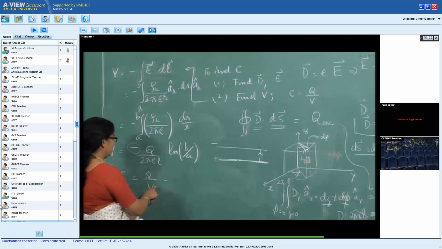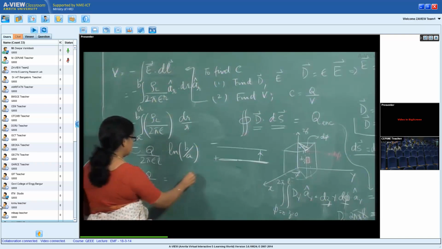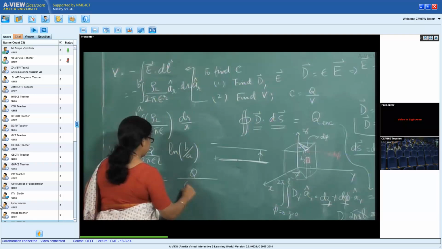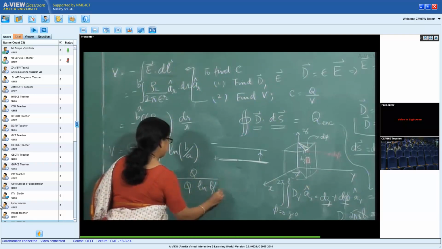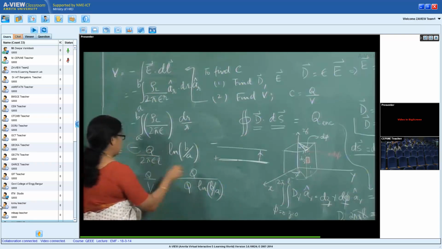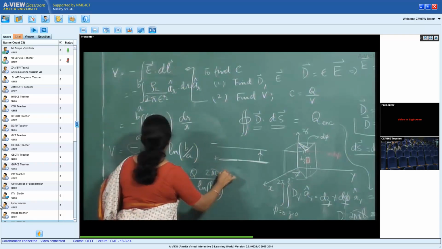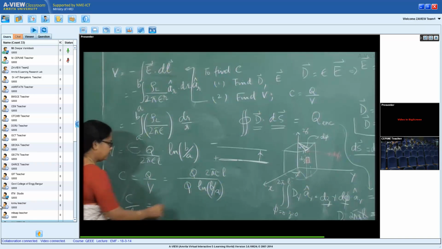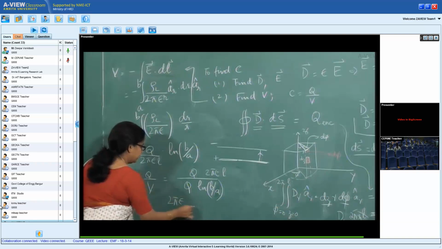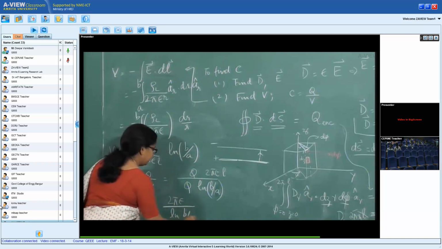So Q over V would be Q over Q times ln b by a, and I will have a 2 pi epsilon L in the numerator. And remember, transmission lines, we were defining capacitance per unit length. So capacitance per unit length would be 2 pi epsilon over ln b by a.